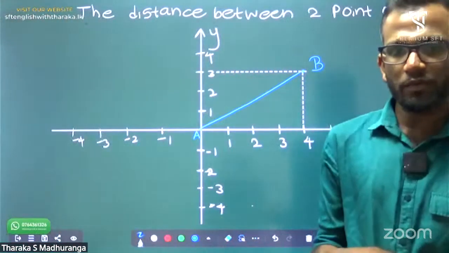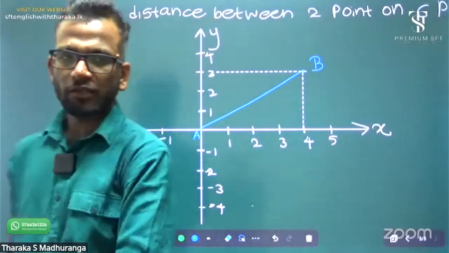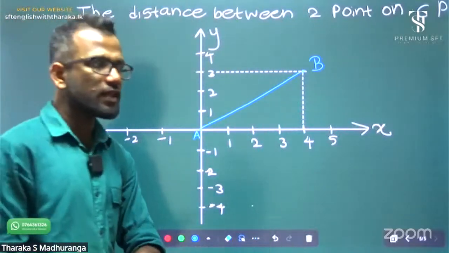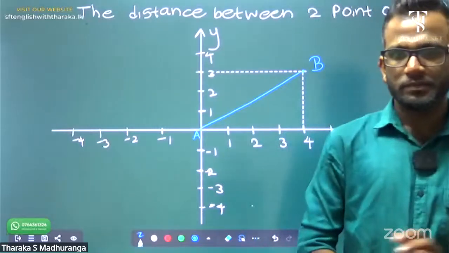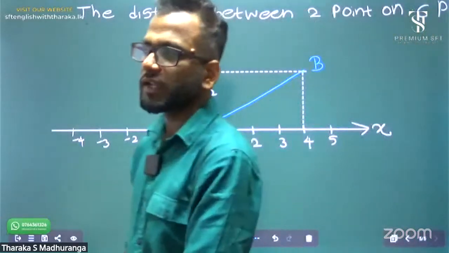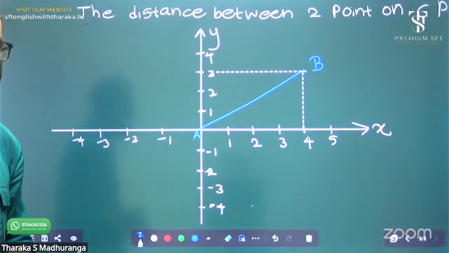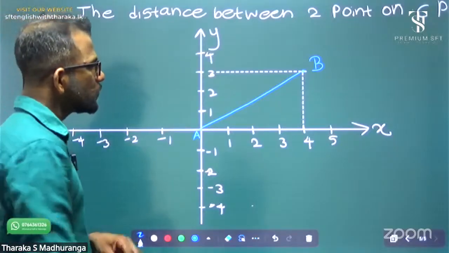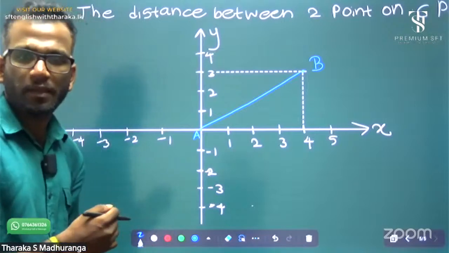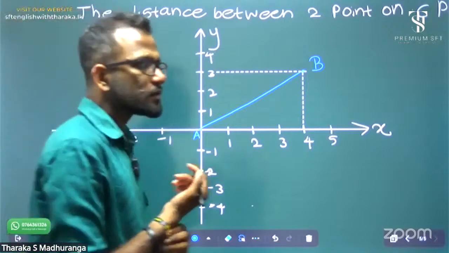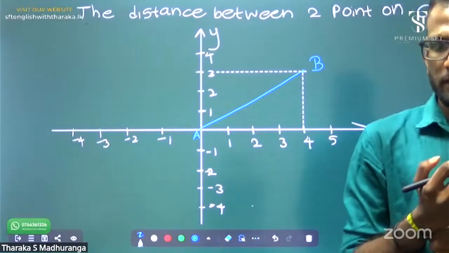Can you find any method using previous knowledge, O level? Trigonometric ratios, do you know any angle?